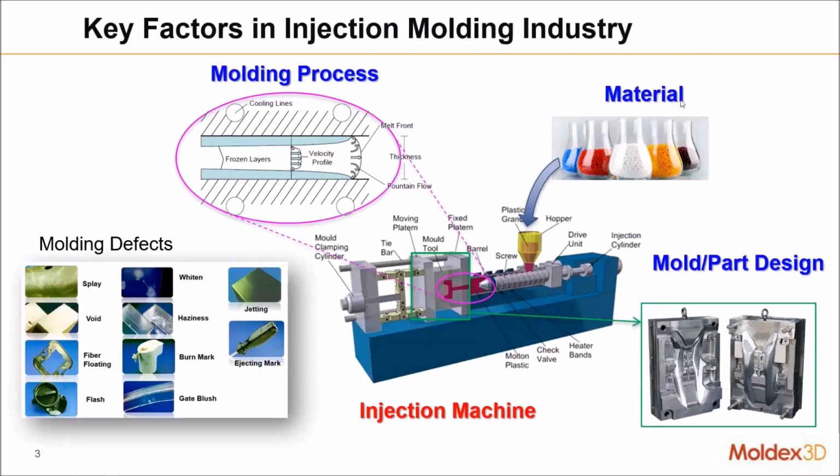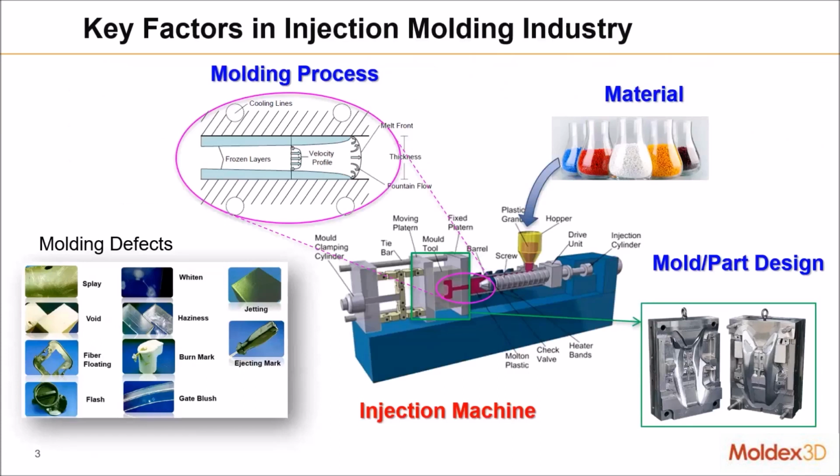So let's start from CAE simulation. Basically, in the injection molding industry, the key factors in injection molding are the molding process, material, part, mold design, and injection machine.